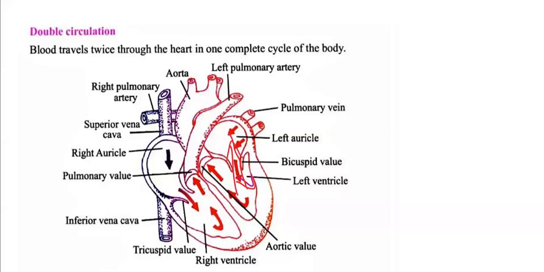In order to prevent backflow, that means the blood moving from ventricle to auricle, there are valves present between these two to prevent the backflow of the blood from the ventricle to the auricle.